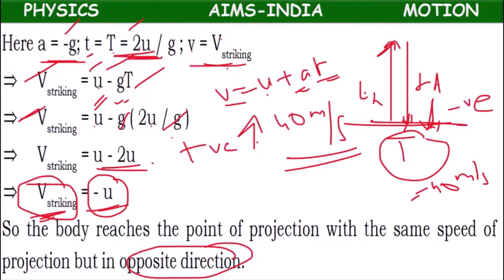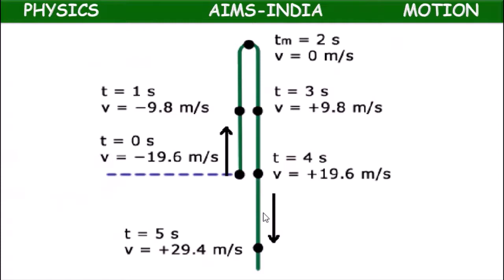Okay, children. So next. At any point, at this point while going up, or this point, if you compare, here the velocity is 9.8 meter per second while going up, while coming down minus 9.8.